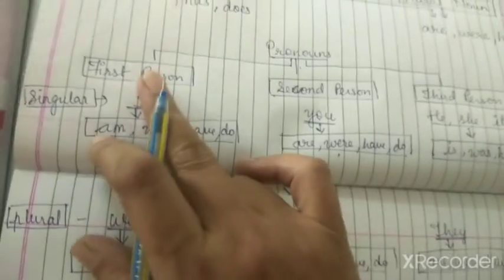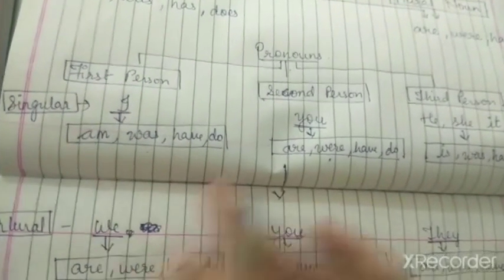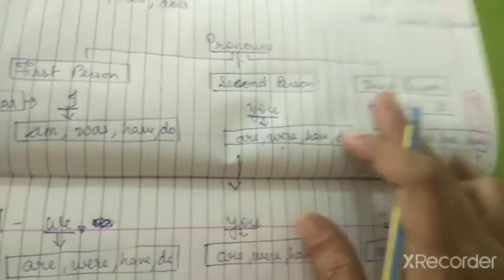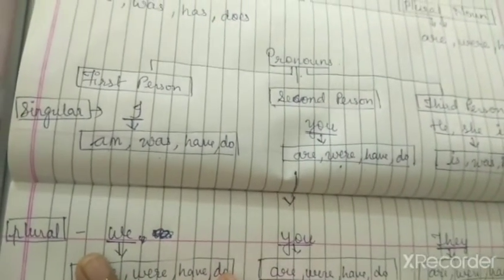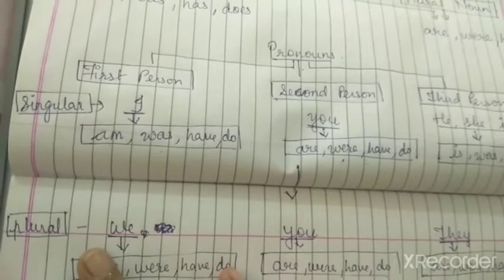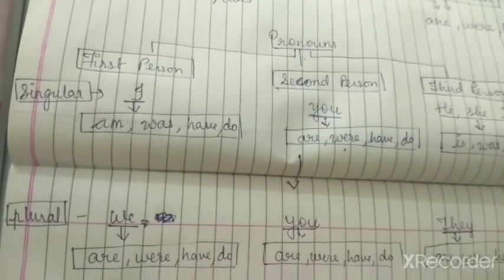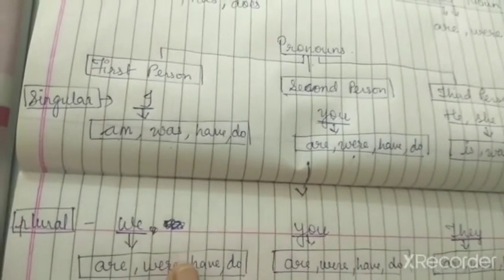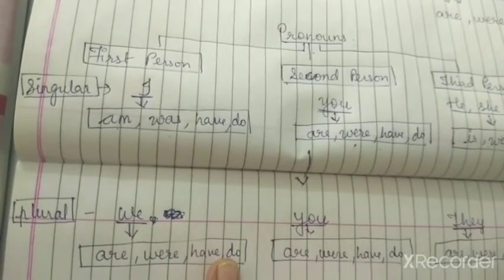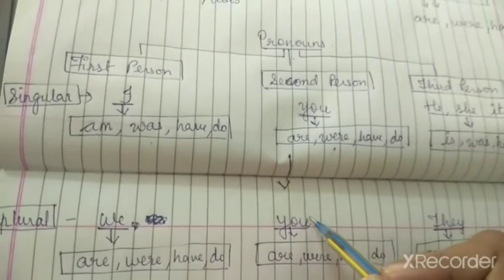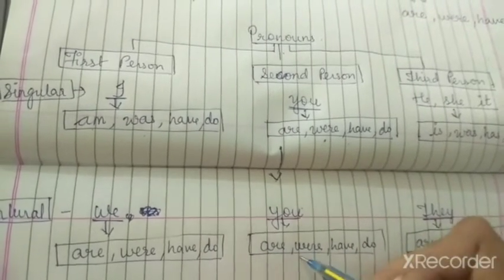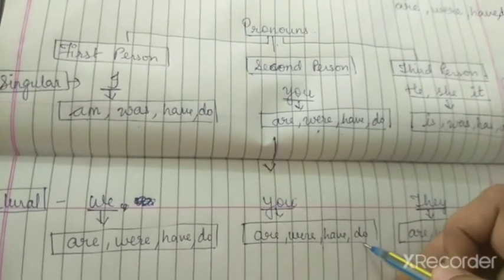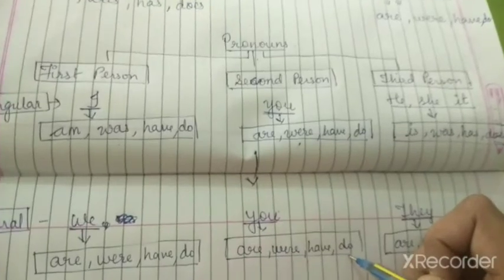Now let us move further with plural pronouns. First person plural is we, second person is you, and third person is they. For we, the verbs we will use are are, were, have and do. When the subject is you, then we will use are, were, have and do according to the sentence.